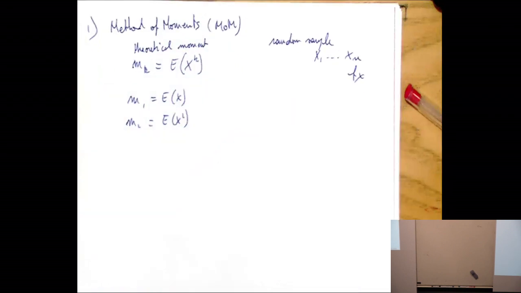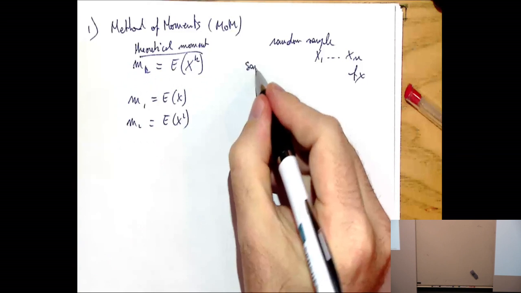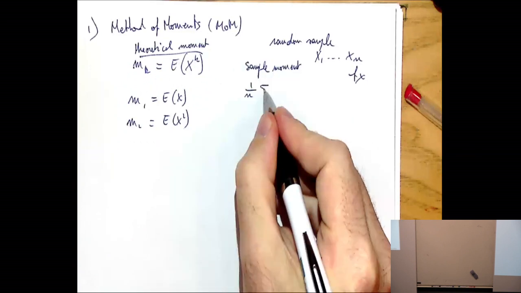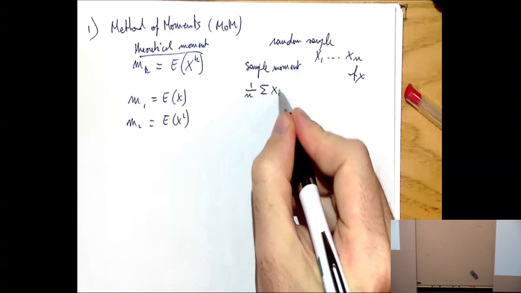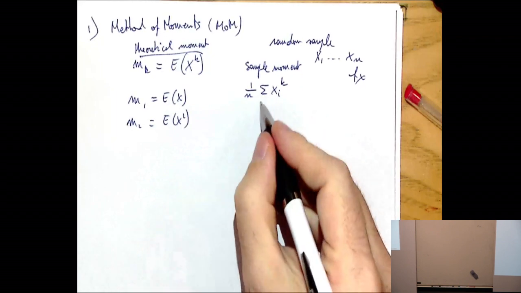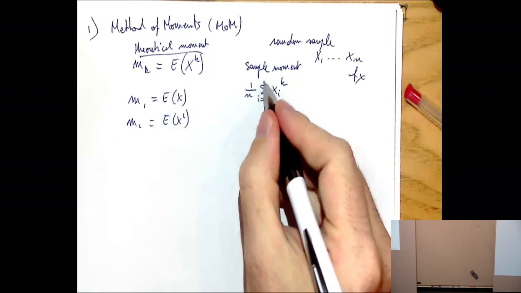What else we can define is the sample moment. The sample moment is 1 over n times the sum of x i to the k, with i going from 1 to n.